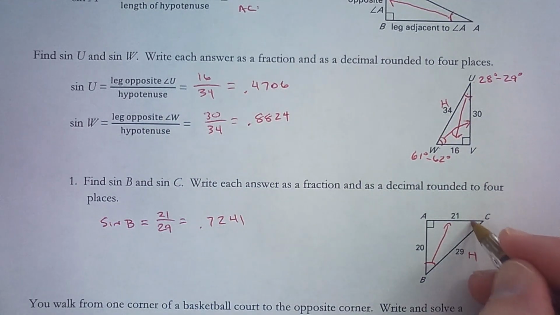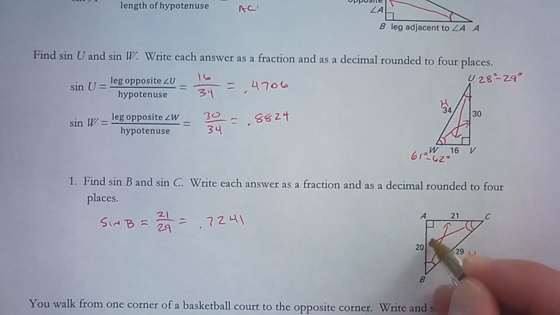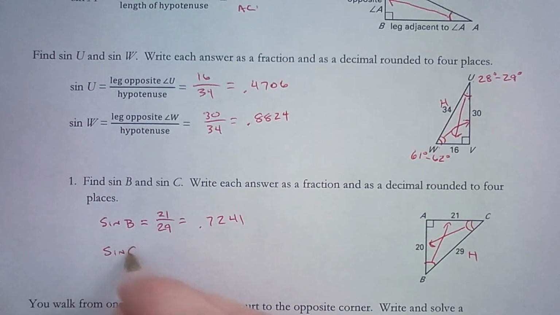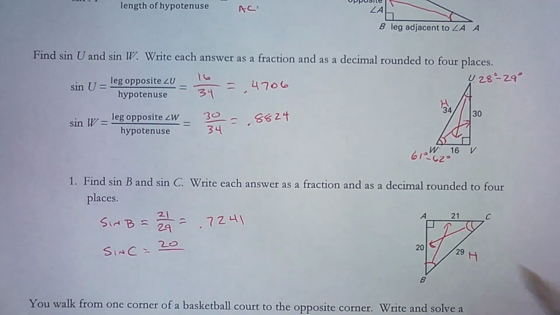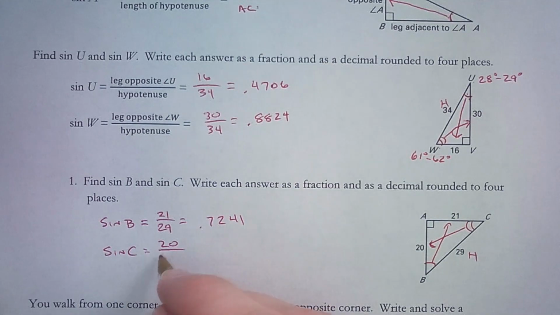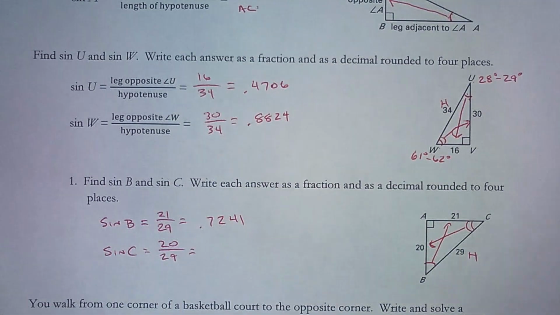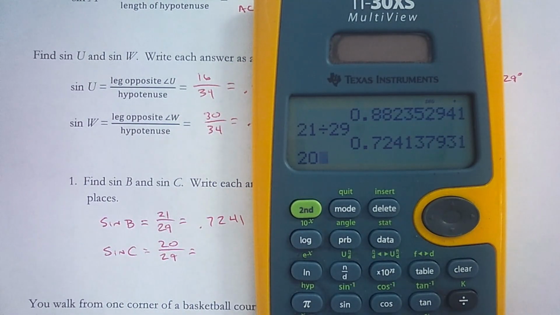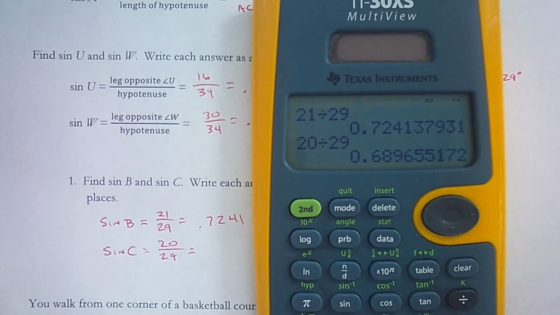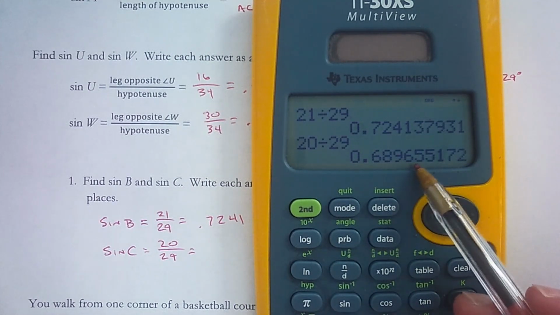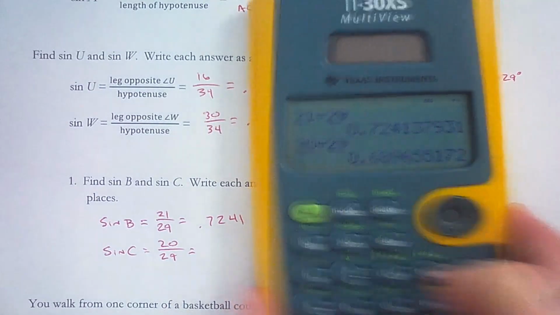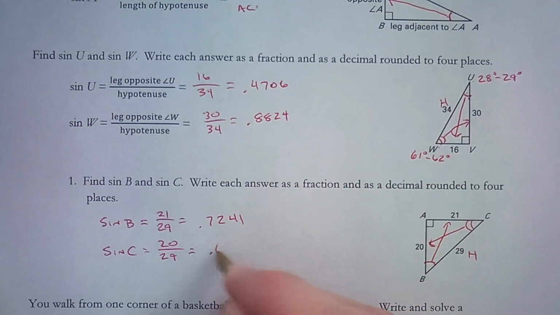Okay, and then for C, opposite leg is 20. So sine C is 20 over the hypotenuse, which is 29. 20 divided by 29 is 0.689, and then that 6 gets bumped up to a 7.